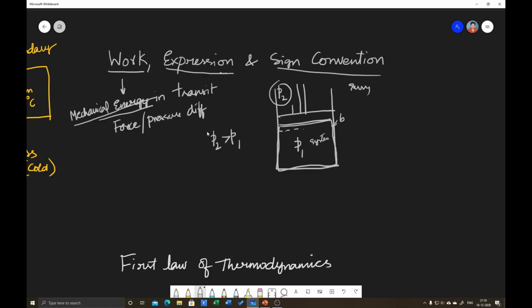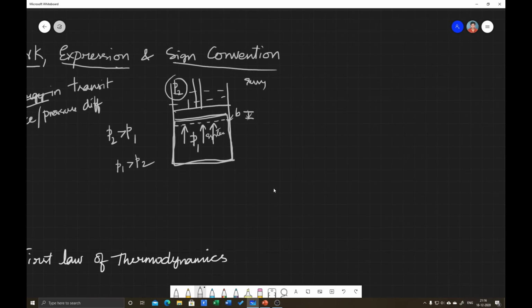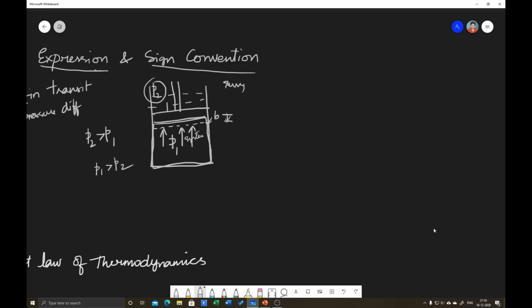Here the pressure is more, so the piston will try to compress the gas inside the system. That means there is a force and the piston gets displaced by this much. If P1 is greater than P2, what happens? The gas will try to push the piston and it will move in this direction. So let us assume P1 is greater than P2.